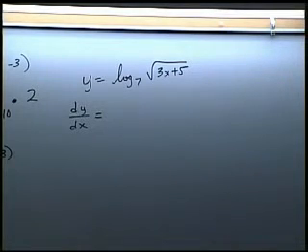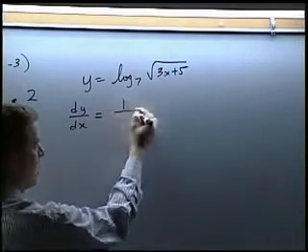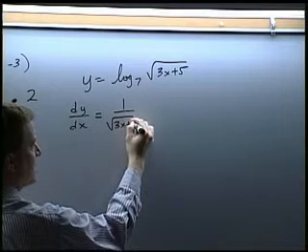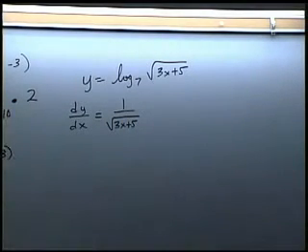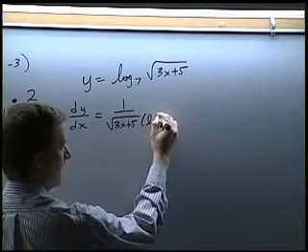Okay, exactly. 1 over whatever's in parentheses. Or in this case, underneath the square root, sure. 1 over square root 3x plus 5. Okay, what else needs to happen here? ln of 7. I have to multiply by that constant on the denominator, sure.